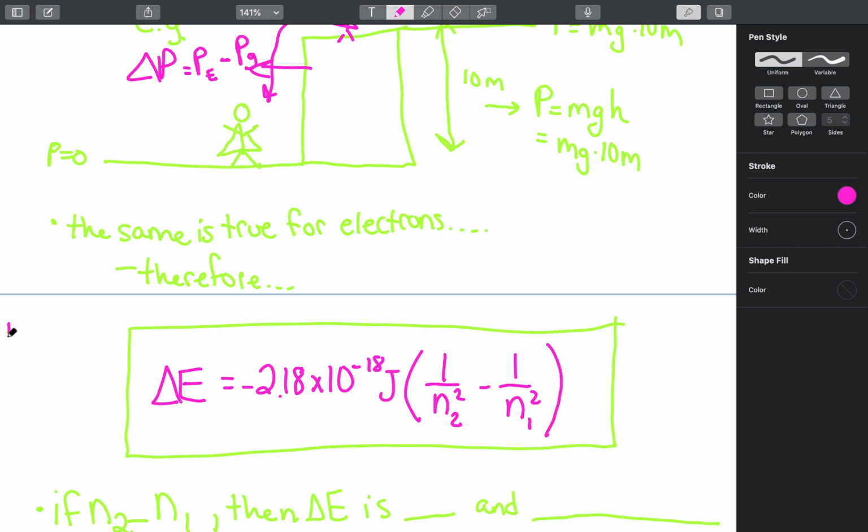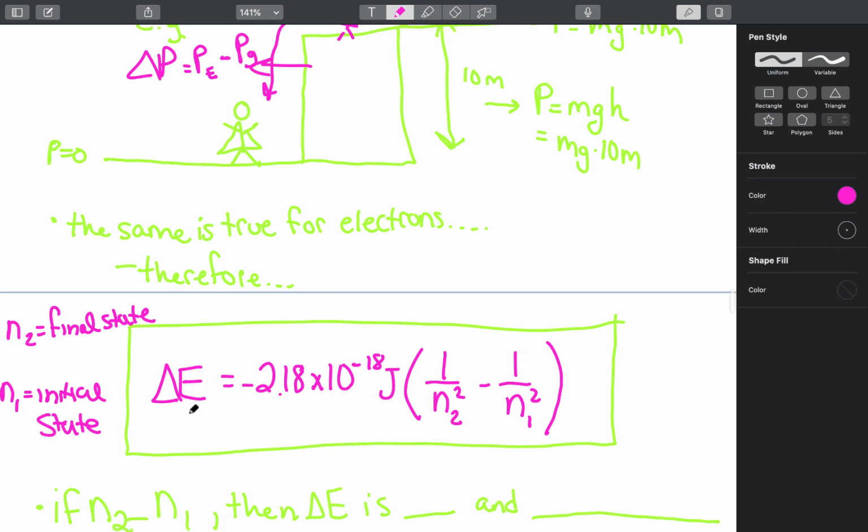Where n2 in this case is equal to the final state and n1 is equal to the initial state. So this equation will give you the difference in energy between two states.